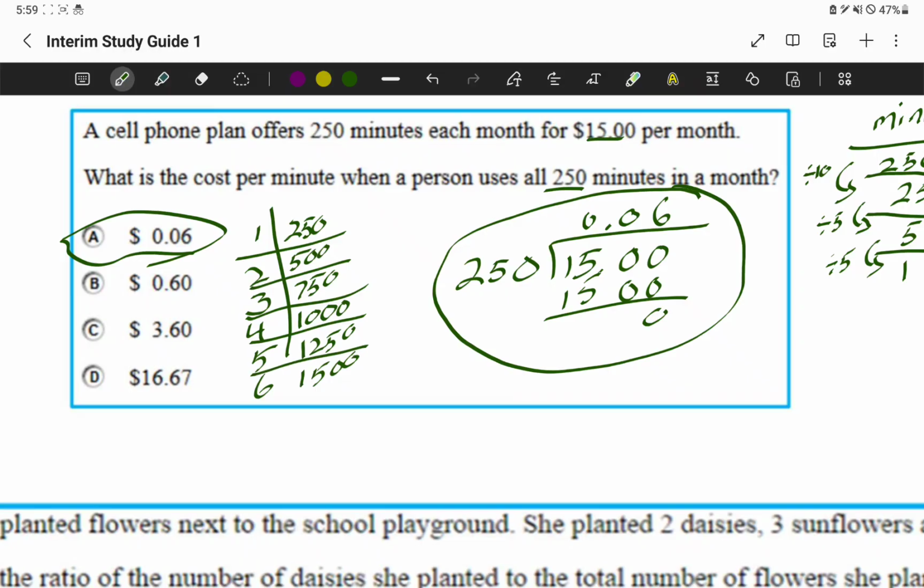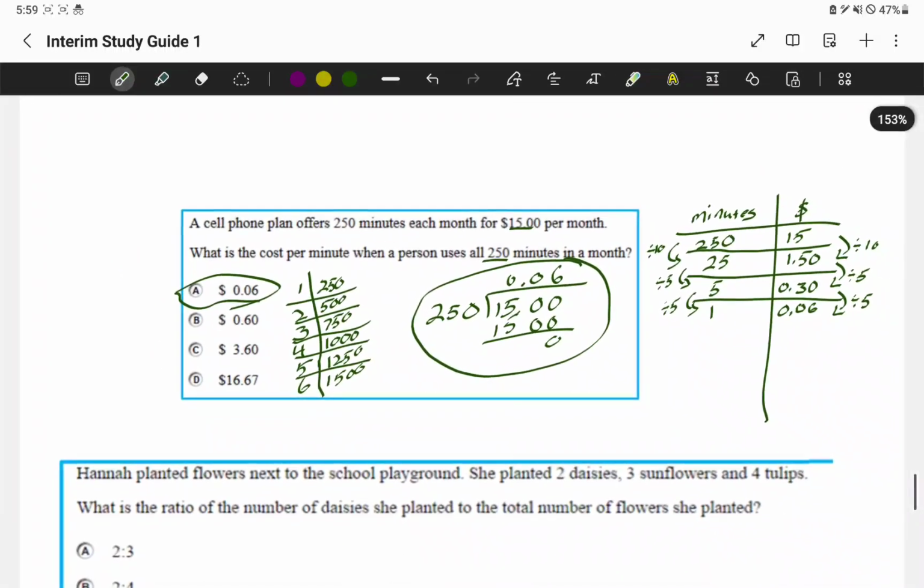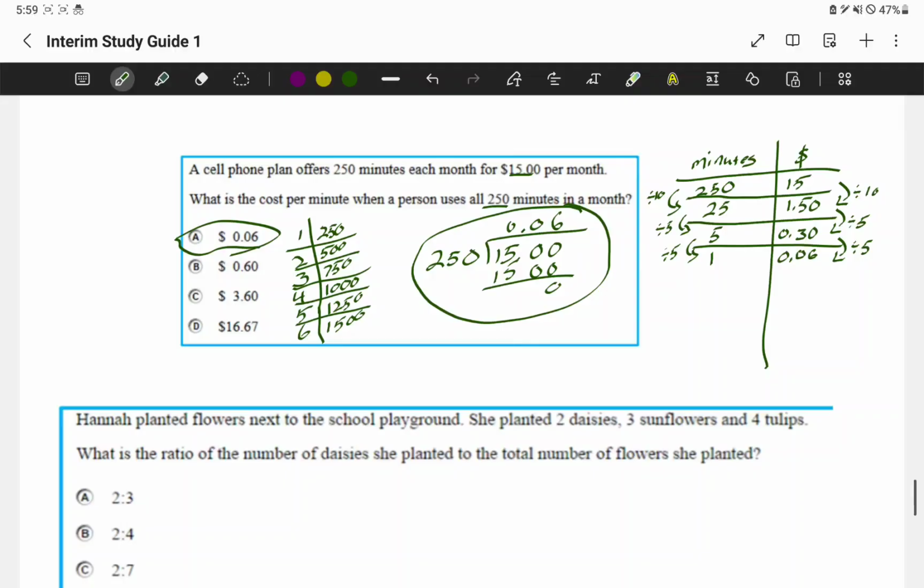And there you go. And your little table, like I've shown you several times to do. It's just a matter of your personal preference and whatever's easier for you.